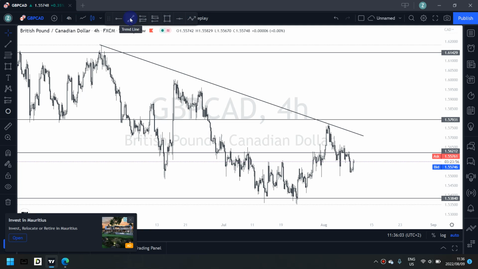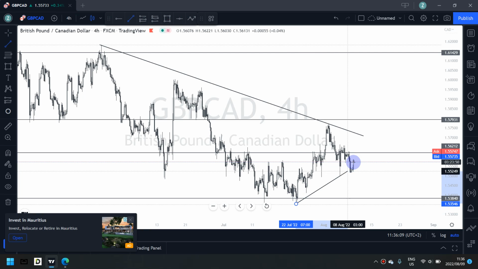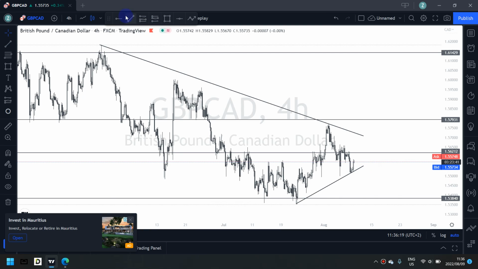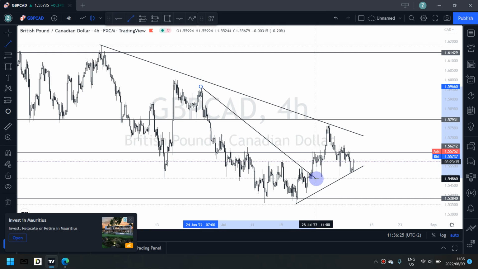So there's also a trend line that I'm seeing, a small trend line that I think I should cater for. Okay, let me try and see if I can cater for this trend line.